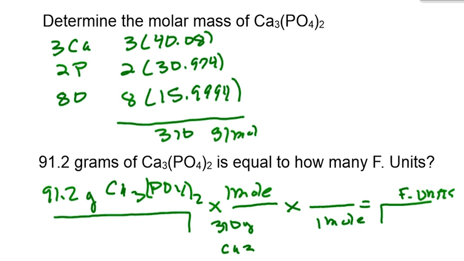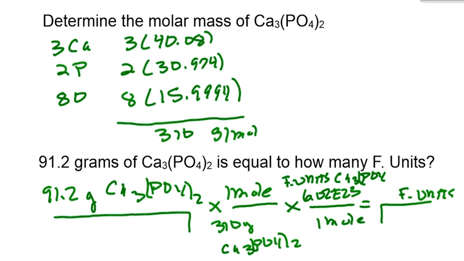Trying to keep my labels all together here. Notice how grams here needs to be matched with the grams here. Formula units means we need our 6.02 times 10 to the 23 number, our mole number, because that's going to give us like atoms, which in this case is formula units. This is formula units of calcium phosphate.